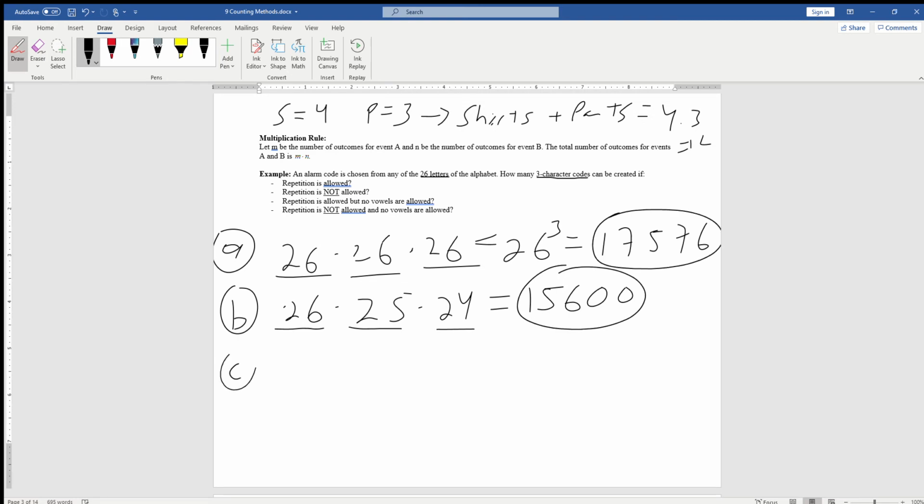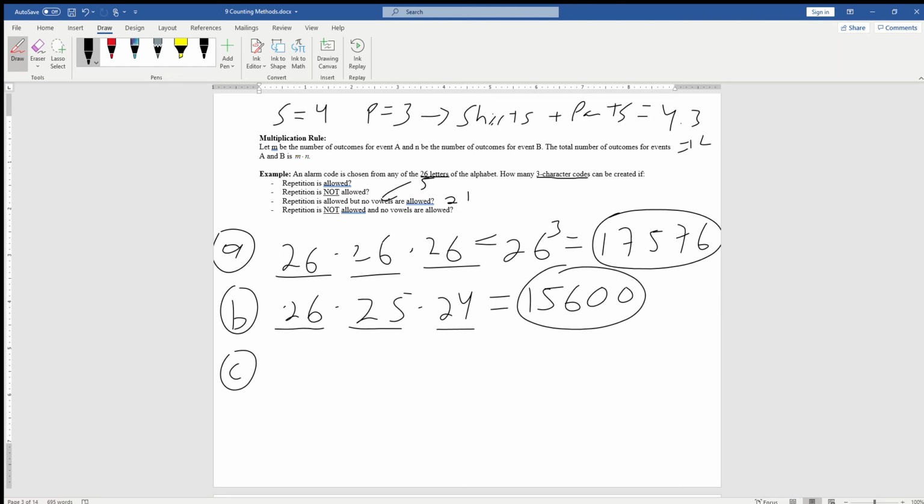Third example. Repetition is allowed, but there are no vowels. Now remember, in the alphabet there are 5 vowels, so now we're only dealing with 21 possible outcomes. The vowels are not Y or sometimes W or whatever it is.